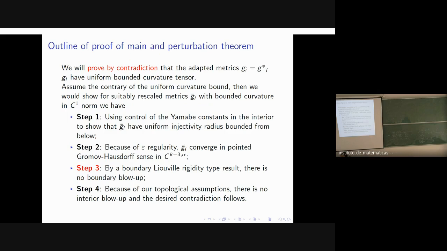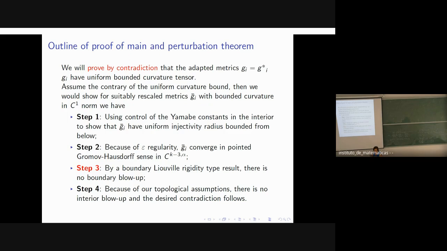of that has a uniform injectivity radius. So proof by contradiction means suppose given this sequence GI, which is my GI star bar, does not have the behavior we want.